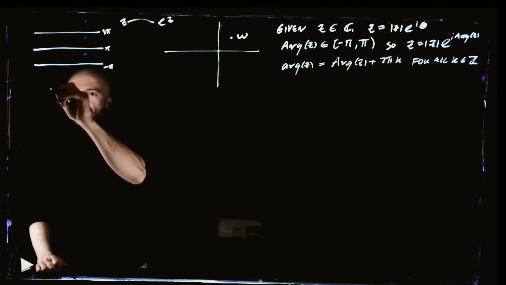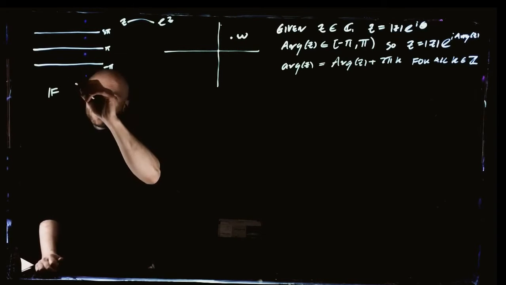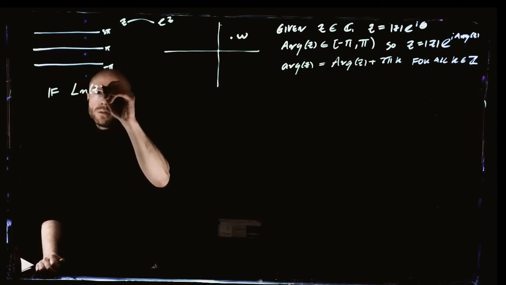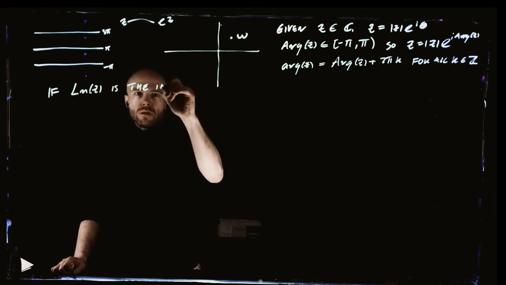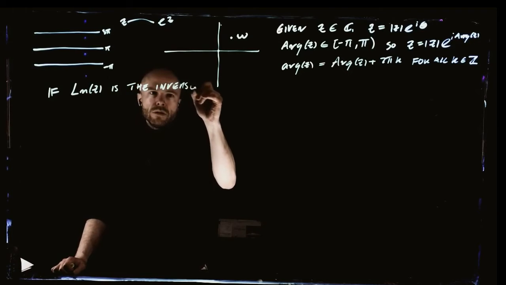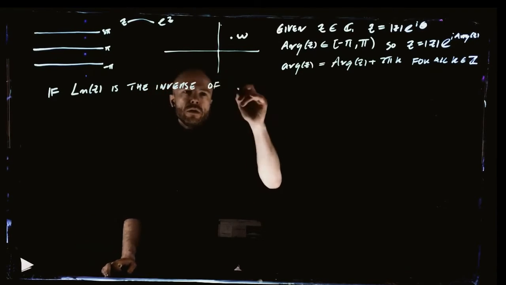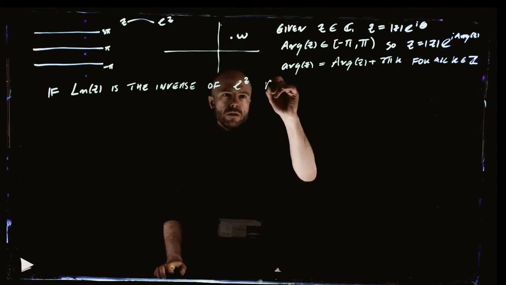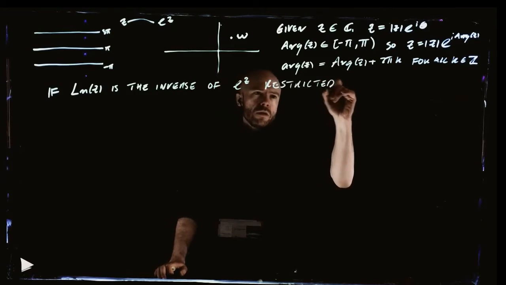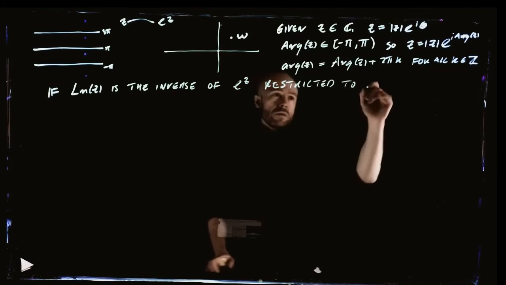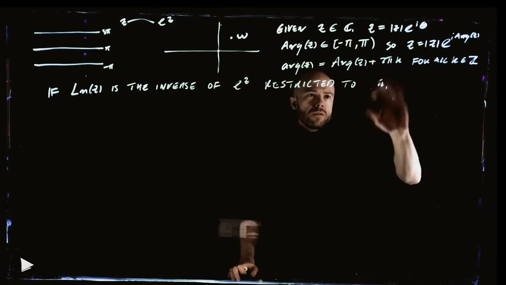Let's give it a name: let's call log of z the inverse of e to the z restricted to this strip here, minus pi. Let's do the r first.